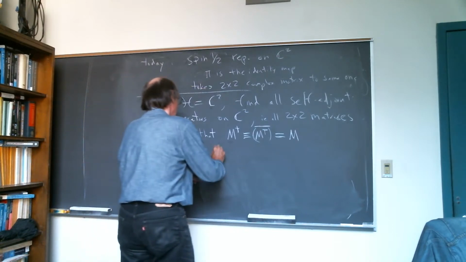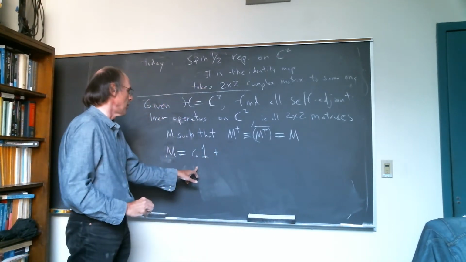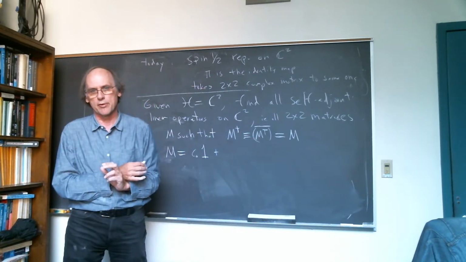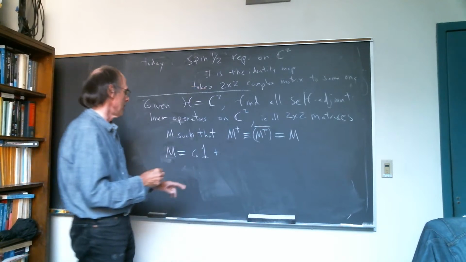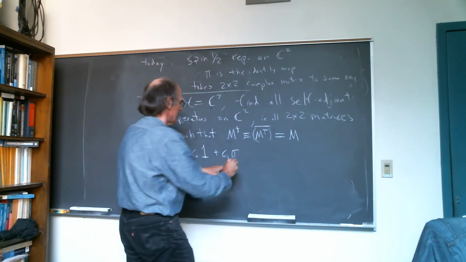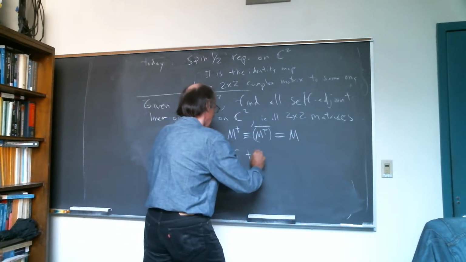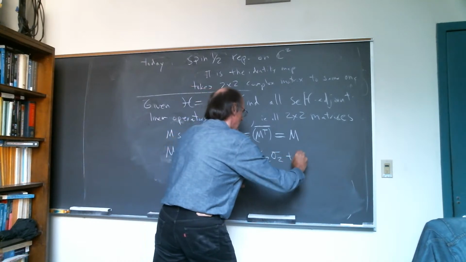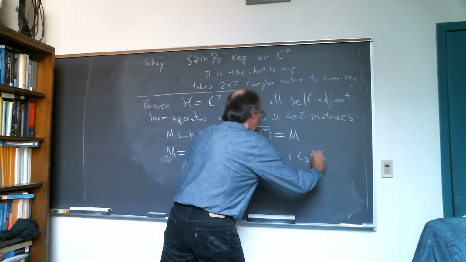But then there are 3 other linearly independent matrices that are also self-adjoint. We're going to write them as a constant times something called sigma 1 plus a constant times sigma 2 plus a constant times sigma 3.